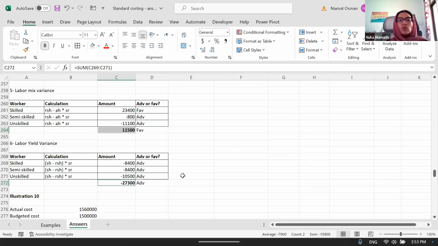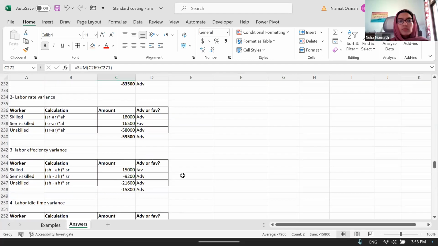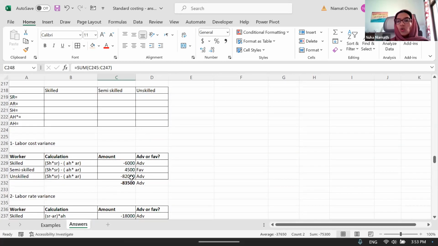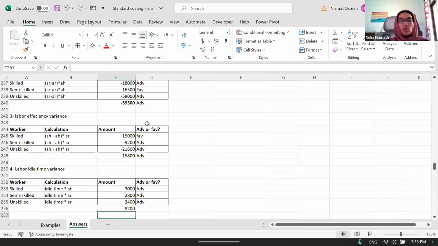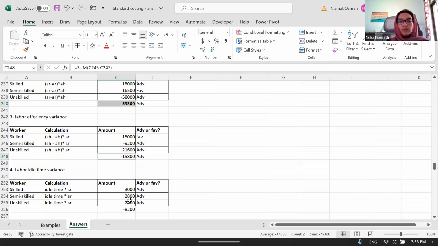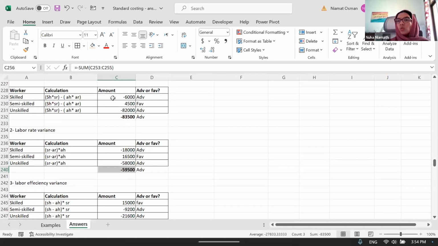So we have done a good job with the calculations there. And then we know that rate variance plus efficiency variance should equal our total cost variance plus our idle time. We have not totaled our idle time. Our idle time is actually negative, even though it's showing as positive. So if we add the 2, or add the 3, it is coming to 83,500. That is summing up to a total cost variance of 83,500.